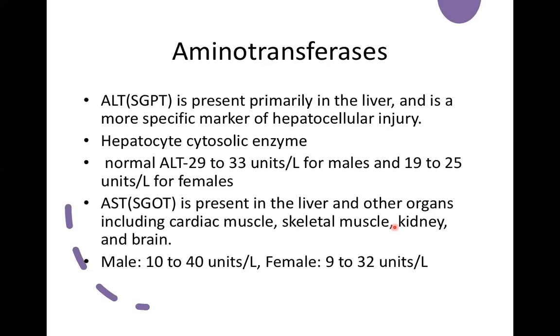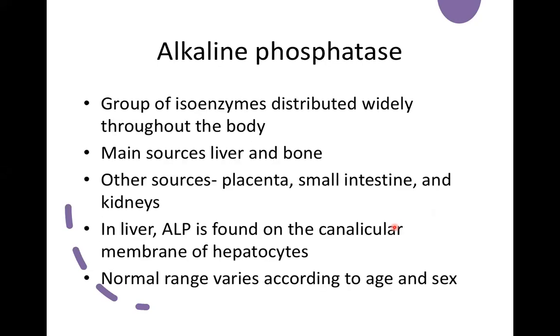So sometimes AST being raised alone may not be hepatocellular in origin. That has to be combined with the ALT and the other enzymes to infer that this is a hepatic rise in AST. The readings again are roughly 40 units for males as the upper limit of normal and 32 units for females, and sometimes there will be slight variations because of local reference values in the labs.